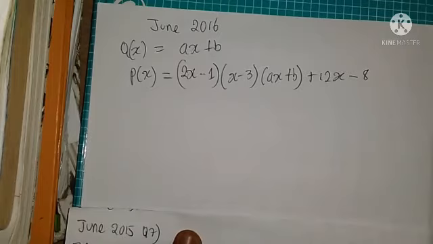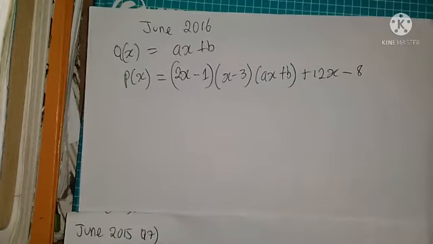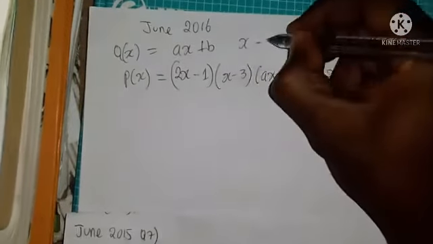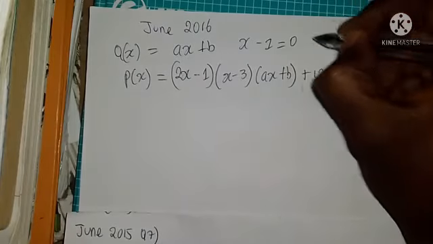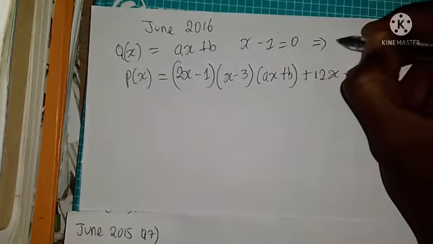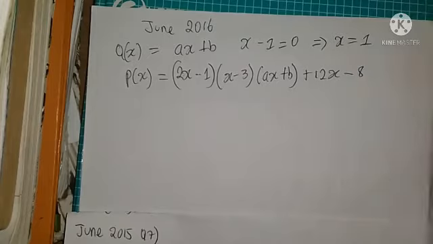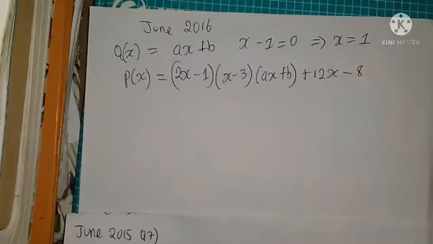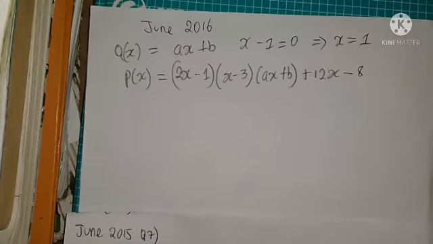Now we are told that this is exactly divisible by x minus 1, which shows that x minus 1 is a factor. So what do we do here? x minus 1 equal to 0 implies that x is equal to 1. So we're going to substitute the value of 1 in p of x and get a linear equation.